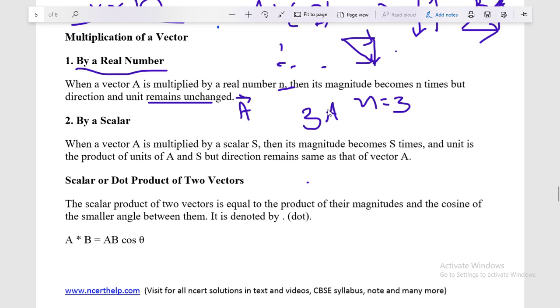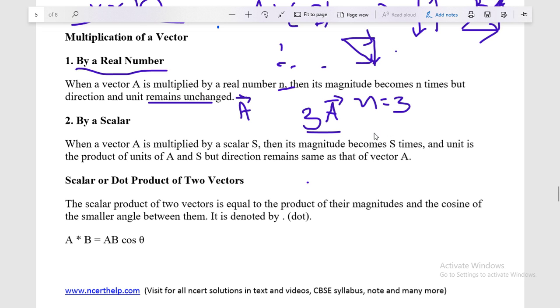In this case, the direction of vector a does not change, but its magnitude becomes 3 times. The magnitude of vector a becomes 3 times, whereas its direction remains the same.